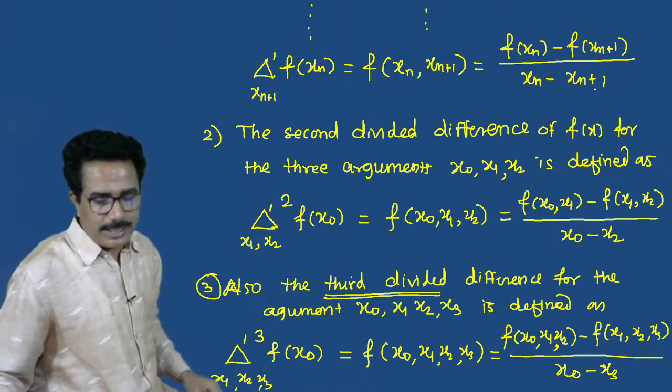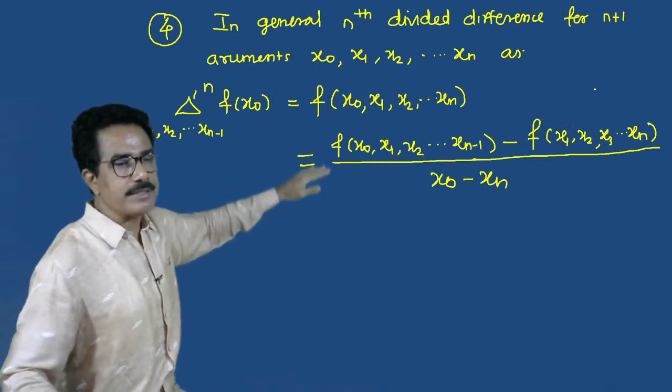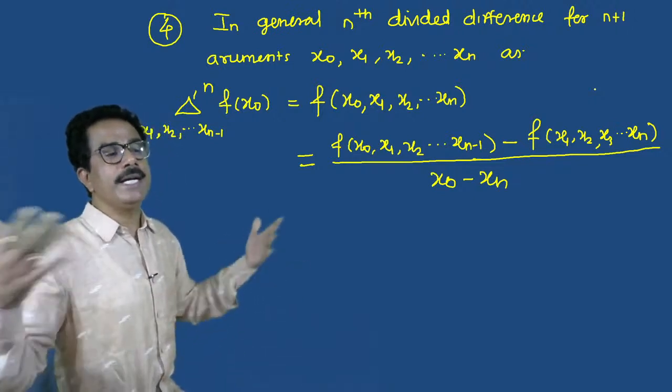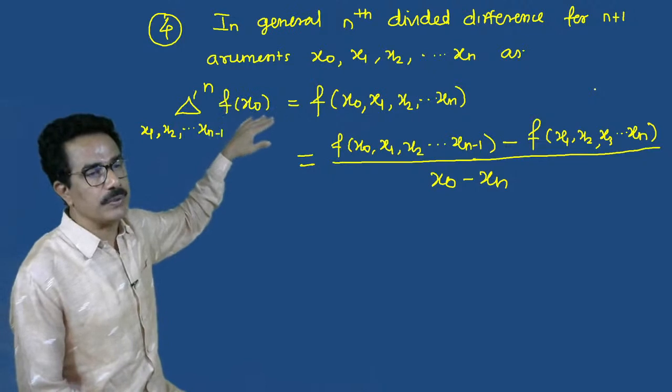In general we can write this as the nth divided difference, that is delta dash n of f of x0.